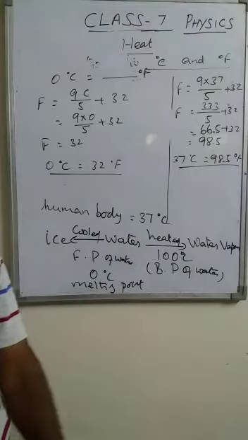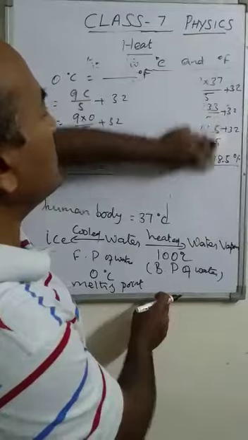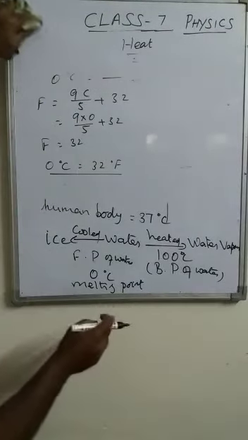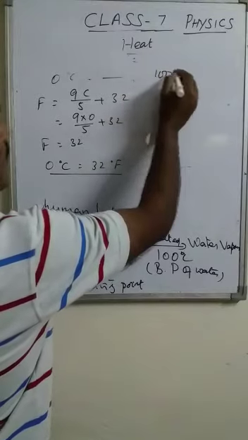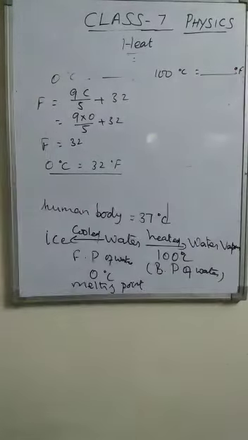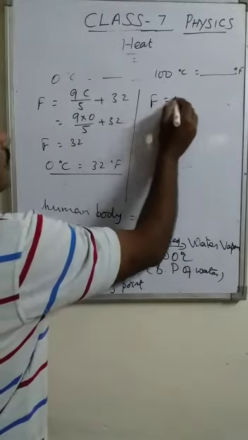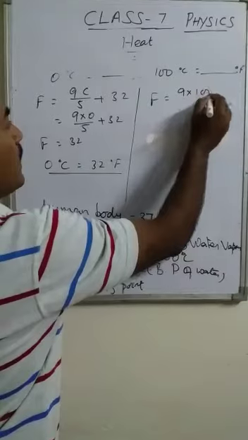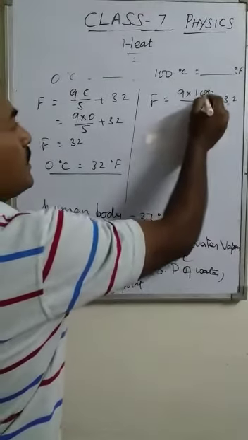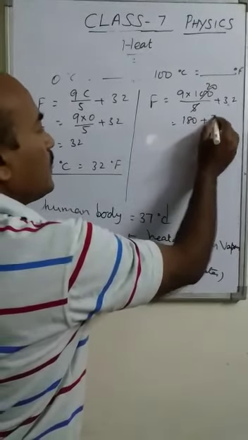Again, 100 degree Celsius can also be changed into Fahrenheit. Using the relation F equals 9 into 100 upon 5 plus 32, this is 20 into 9, which comes to 180, plus 32.